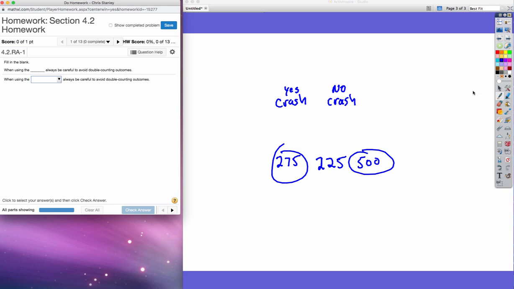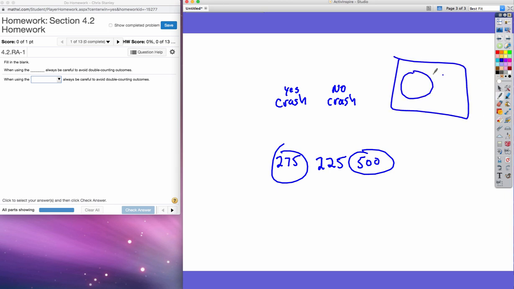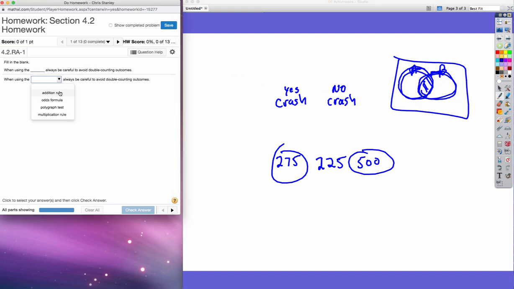Okay, double counting is when you get a situation like this. When you double count, you have overlap. If you count all the outcomes in A and then count all the outcomes of B, you just overcounted the overlap. So you have to be careful. So this would be the addition rule.